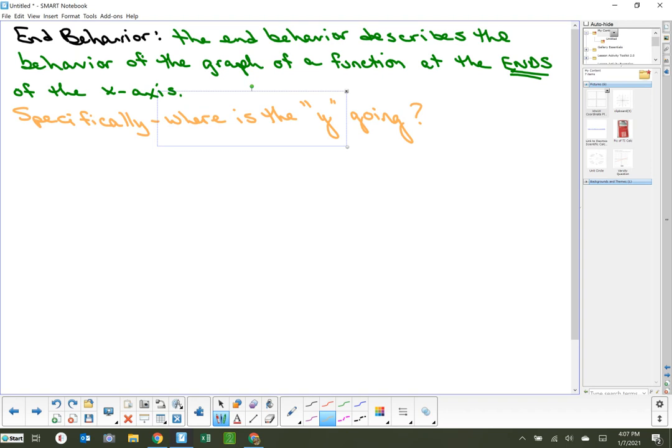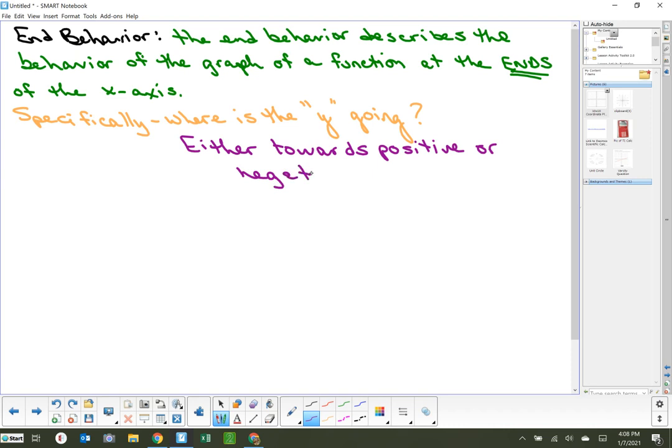Y is either going positive or negative infinity. Okay, so those are the only kind of answers you're going to have to these problems, positive or negative infinity.